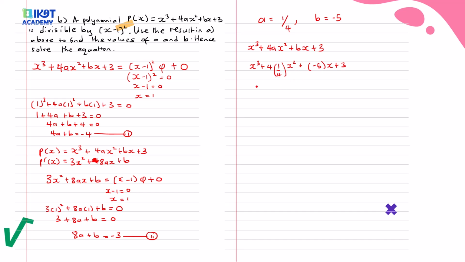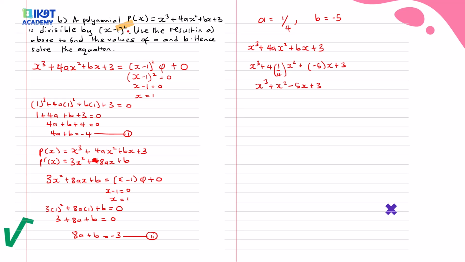So we will eventually have x cubed plus x squared minus 5x plus 3. Now the question has asked us to solve this equation. And we already know that the polynomial is divisible by (x minus 1) squared, a repeated factor.